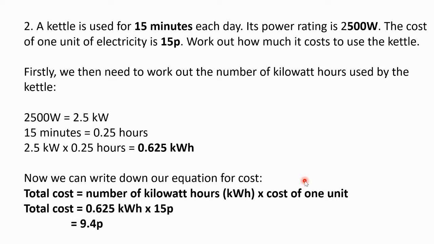Now, some of you will be complaining, sir, why do I have to write down 5 lines of working out for one calculation? Well, as with all maths and all physics and all science, if you take the time to write down everything here, you will understand what's going on. You will check to see if you've made mistakes, and you will get more marks. You might get working out marks, or you might just remember exactly how to do something.